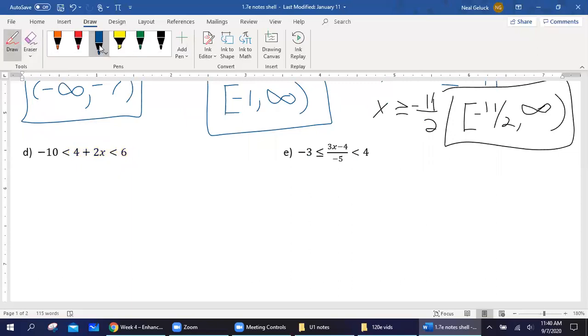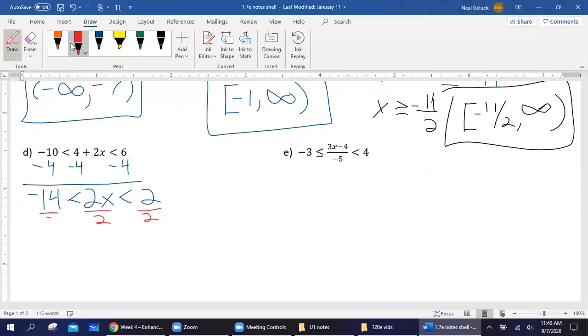So I'm going to subtract 4 off of both ends. So that'll give me negative 14 less than 2x less than 2. Divide by 2. So I'd have negative 7 less than x less than 1.